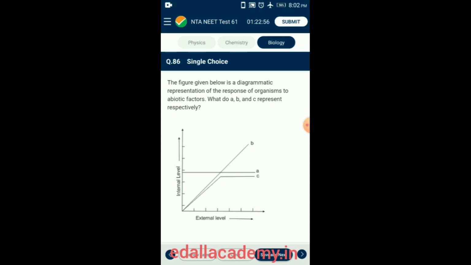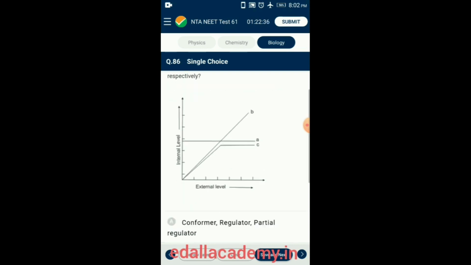Organisms that are able to maintain homeostasis by physiological means that ensure constant body temperature are called regulators. Organisms that are not able to maintain a constant internal temperature are called conformers. So the answer for this question is option D.